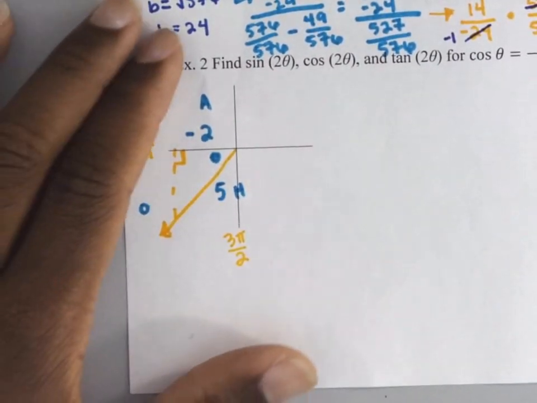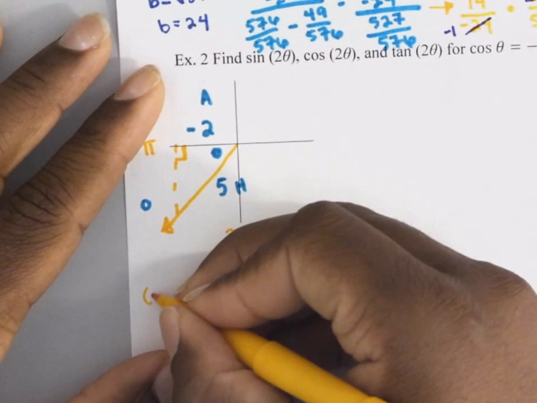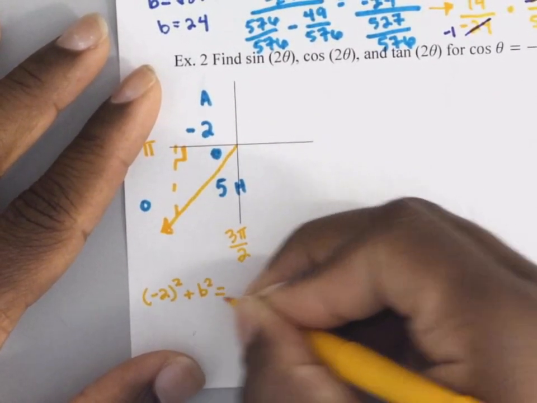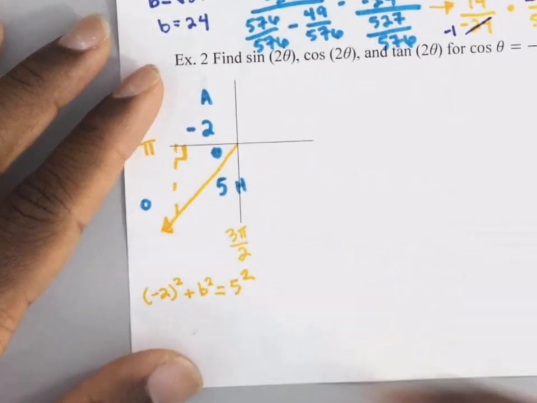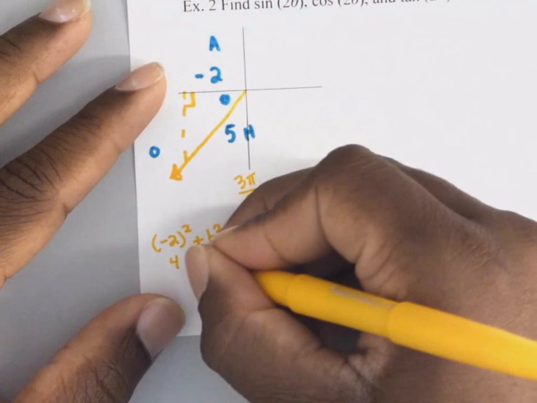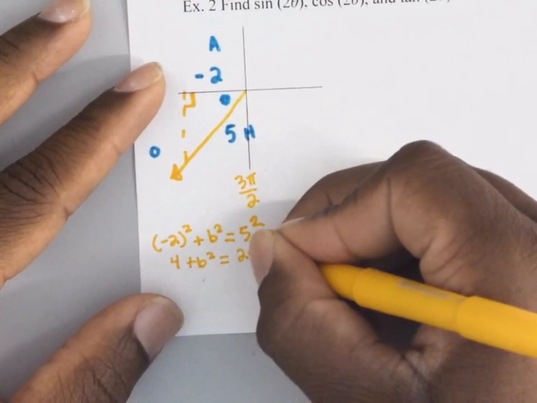Right, so Pythagorean's theorem again. I'll do a squared, -2 squared, plus b squared equals 5 squared. 2 squared is 4. What's 5 squared? 25.